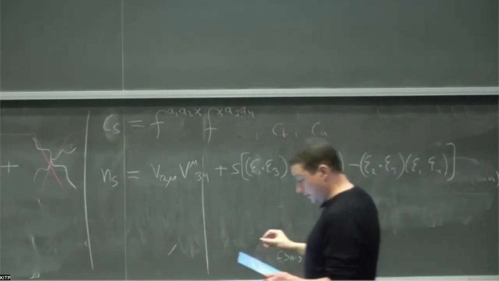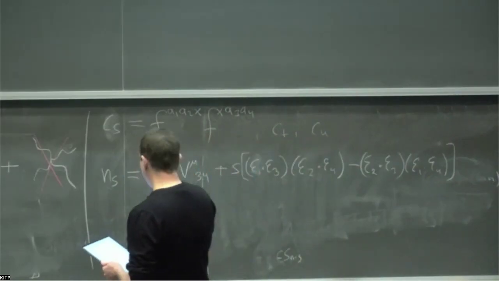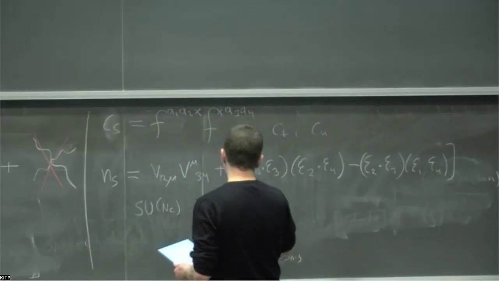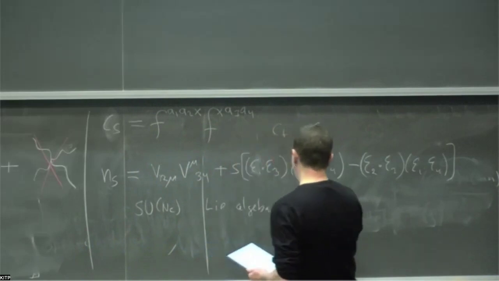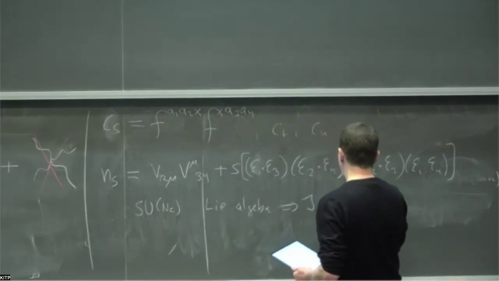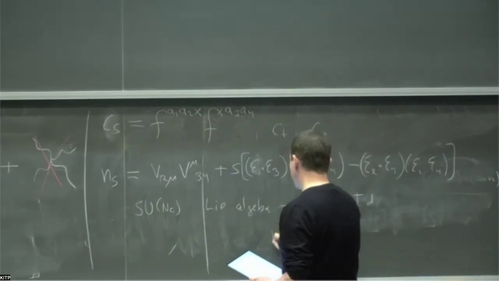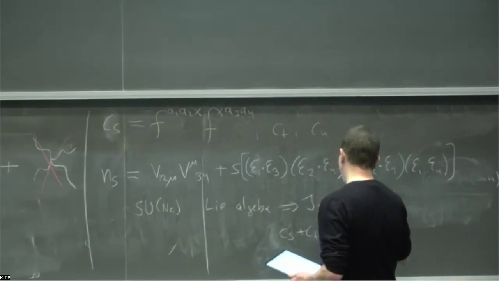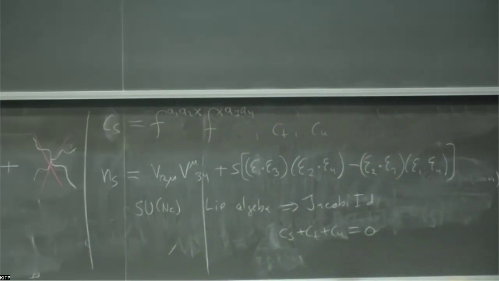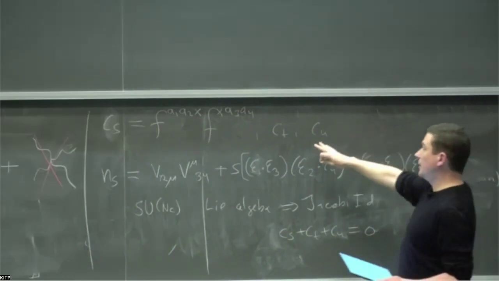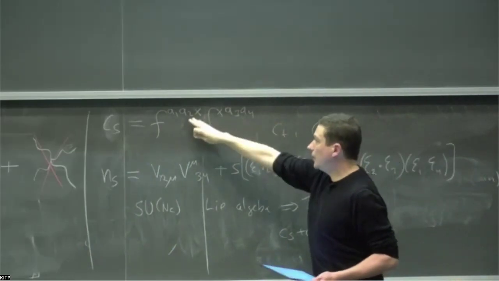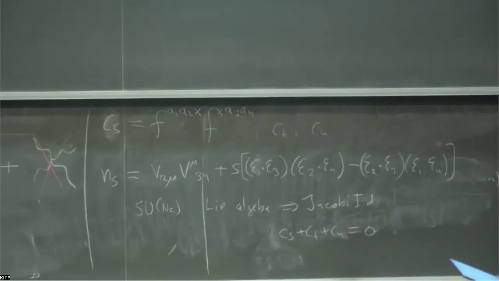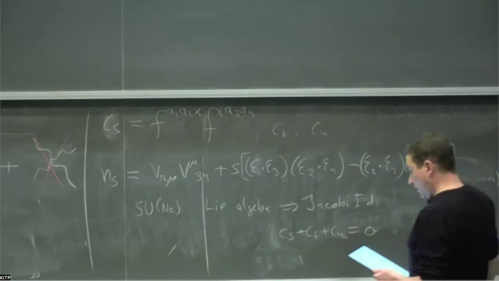And the relation, of course, is that you have the Lie algebra, so the SU(N) Lie algebra, which gives you the Jacobi identity, which in this notation is just going to be CS plus CT plus CU equal to 0. If I just define them to be permutations of, let's say, 1, 2, and 3, if I permute those three, then the sum has to be 0. Okay, good.